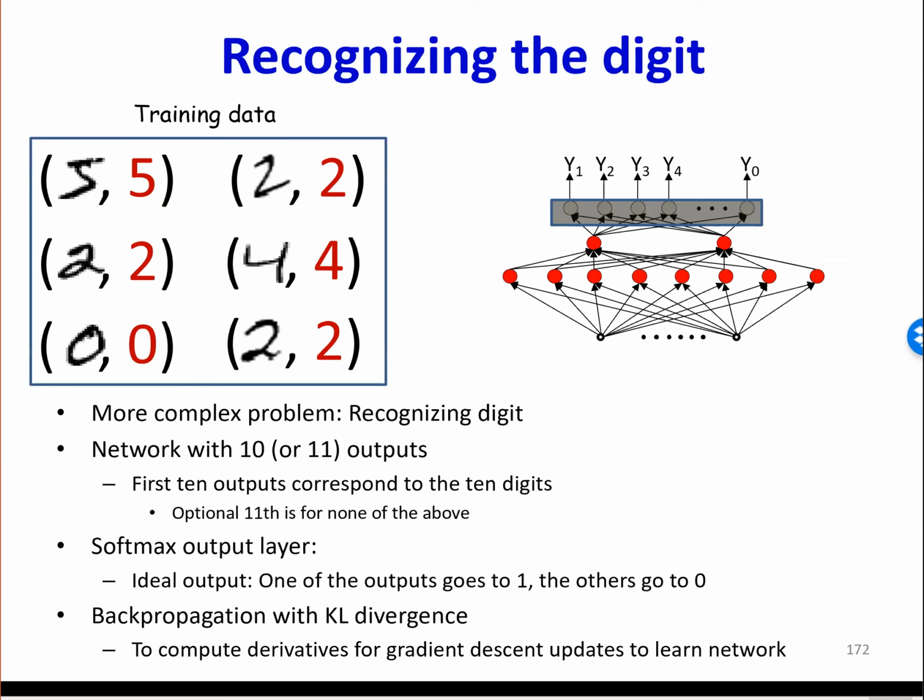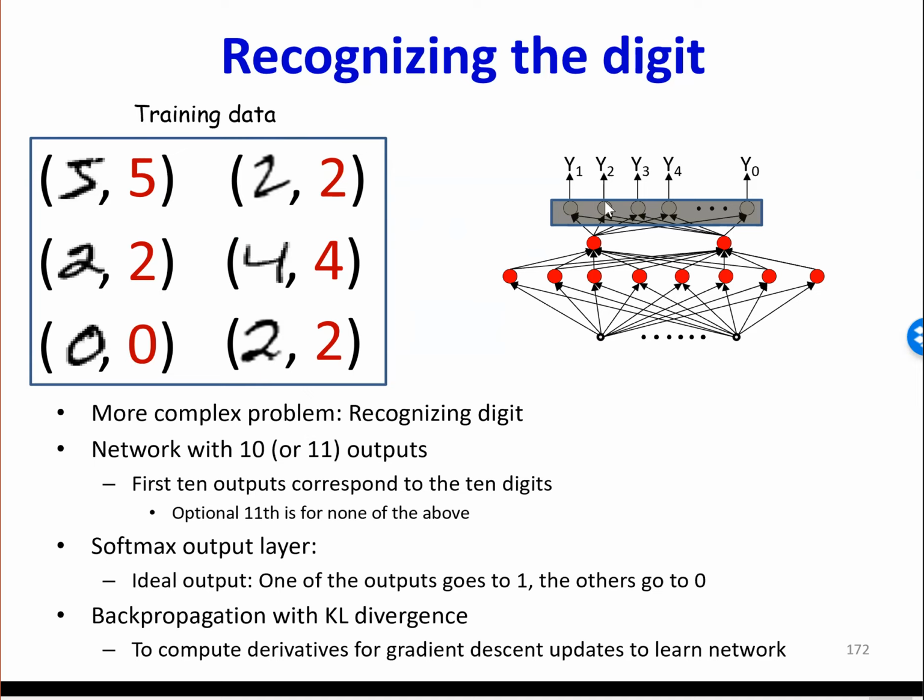If you were performing multi-class classification, then rather than binary labels, you'd assign the class label for each input, which in this digit recognition case is going to be the digit that the image represents. You'd set up the network. In this case, we're trying to recognize 10 classes.